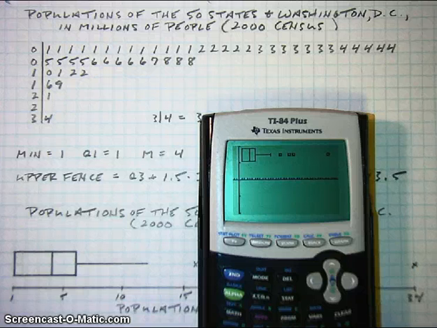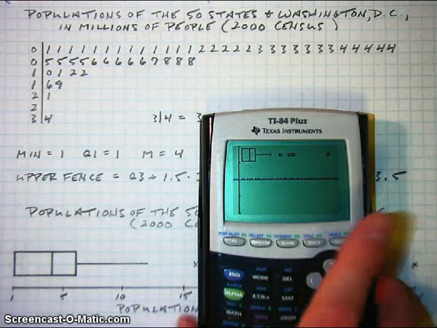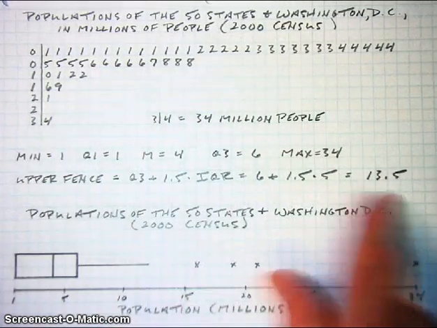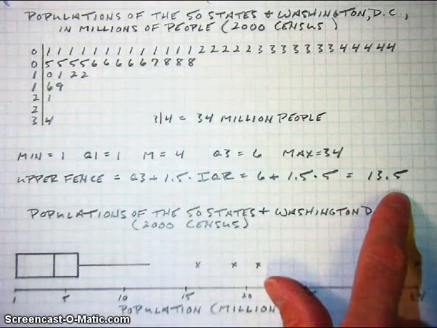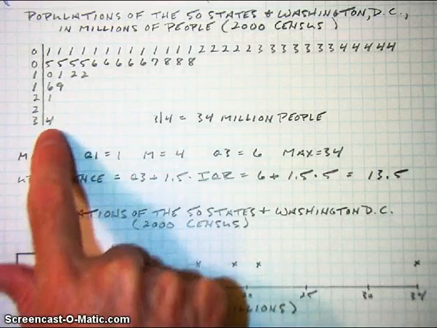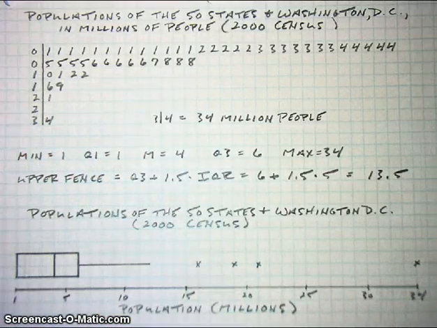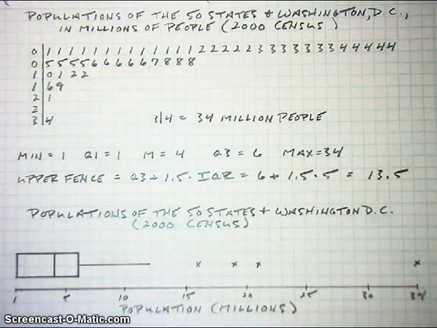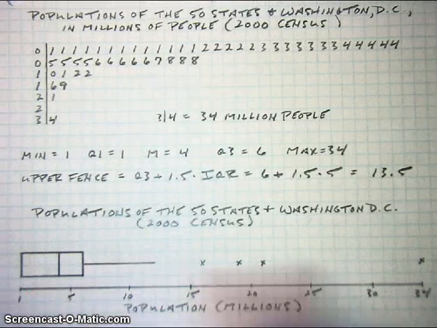Okay, so it might save you a little bit of time in a situation like that, but it's always good to find the fences and then make a comparison between the fences and the data values to determine if you have outliers. That is the best way, but it's sometimes a little bit more time consuming than drawing one of these on your calculator.